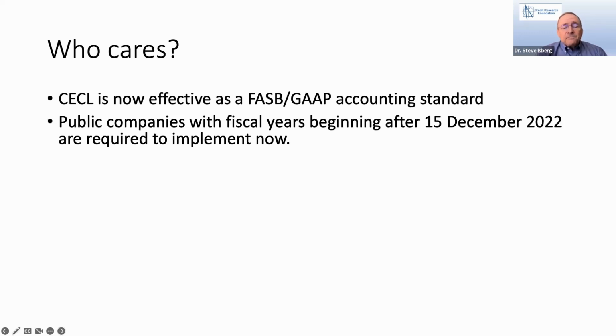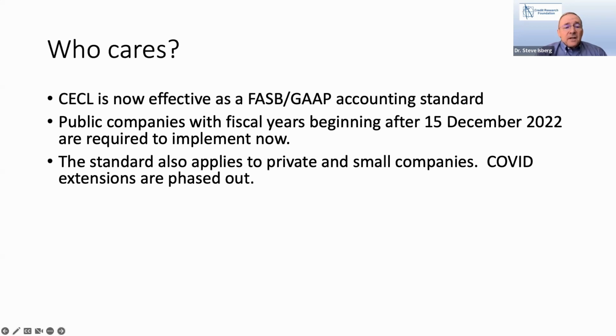Public companies with fiscal years beginning after the 15th of December 2022 are required to implement it right now. The standard also applies to private and small companies. The COVID extensions that were originally granted are being phased out. So by the end of the year, it's pretty much going to be a standard for everyone.